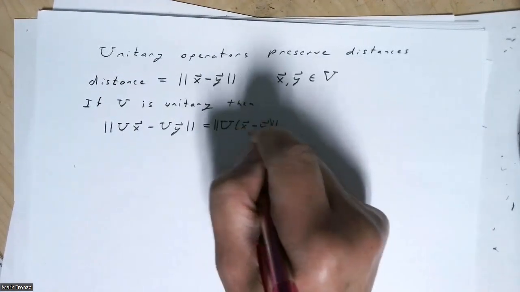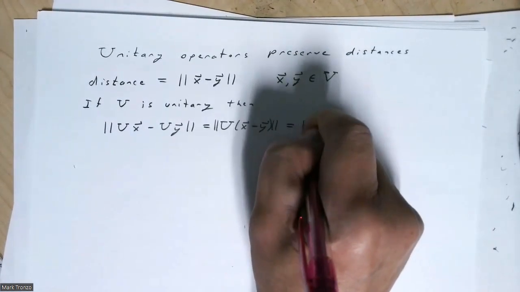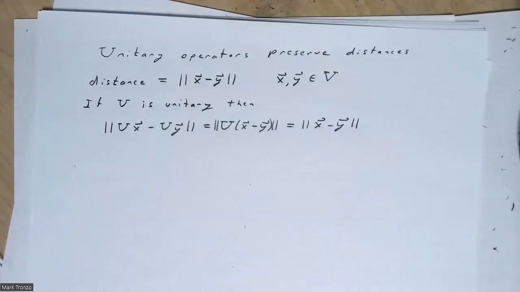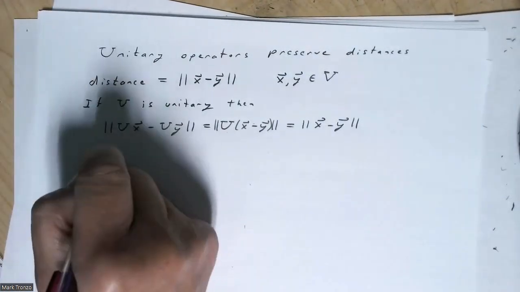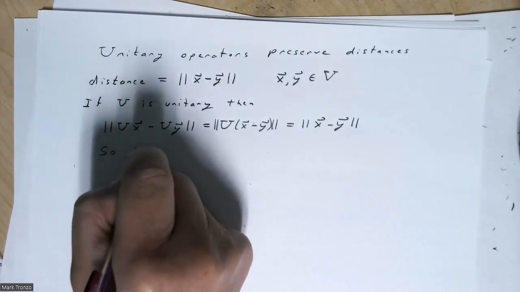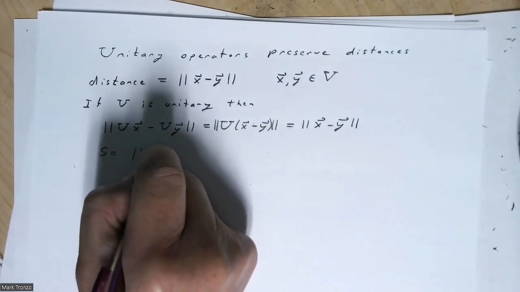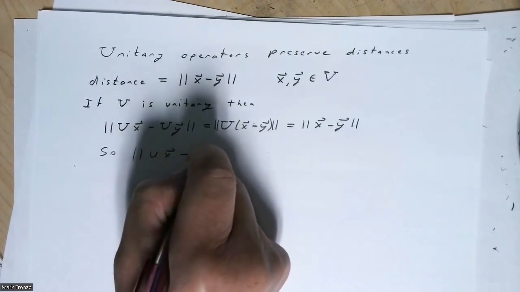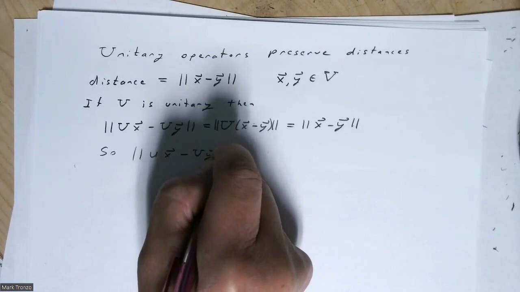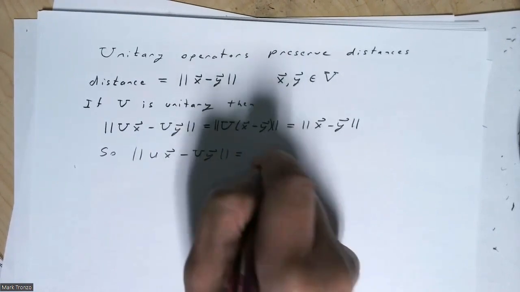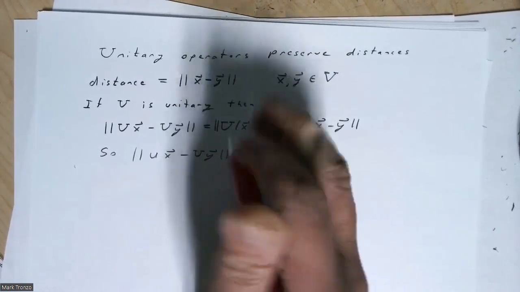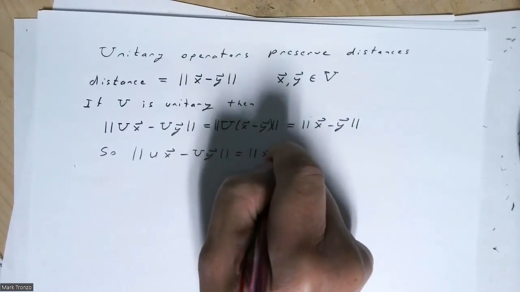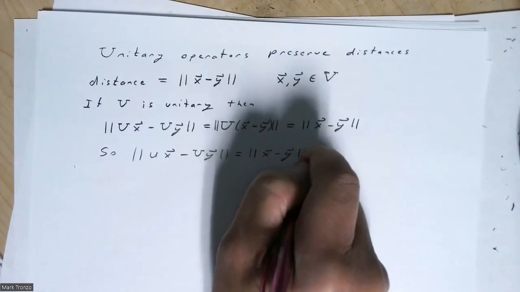So we can say that this is equal to this. So we can say that the norm of U x minus U y is equal to the norm of U of x minus y.